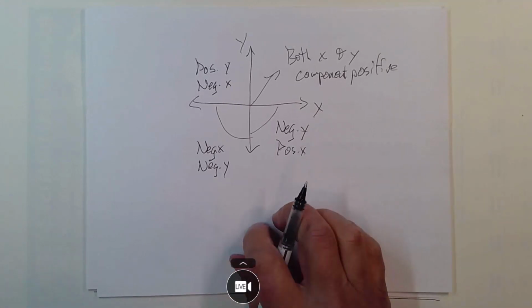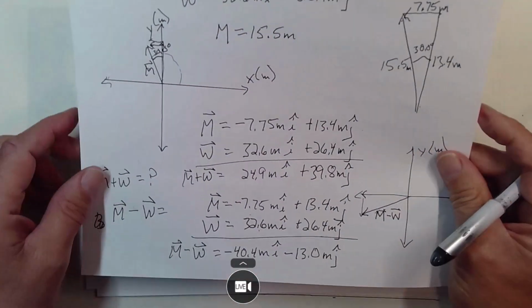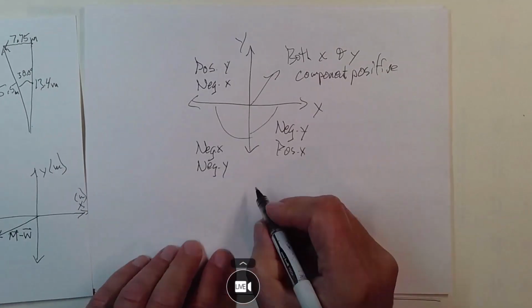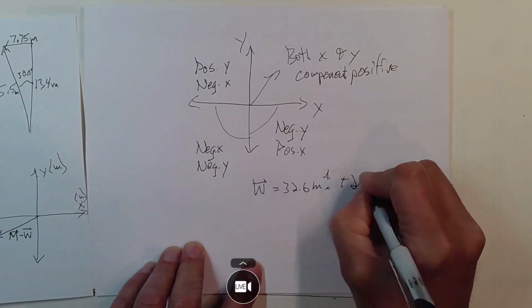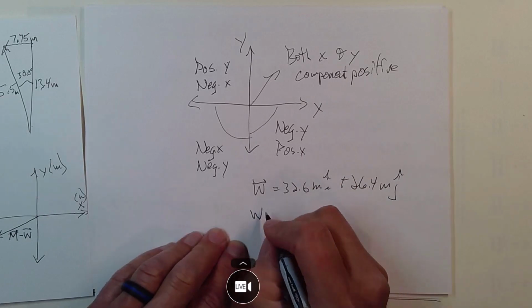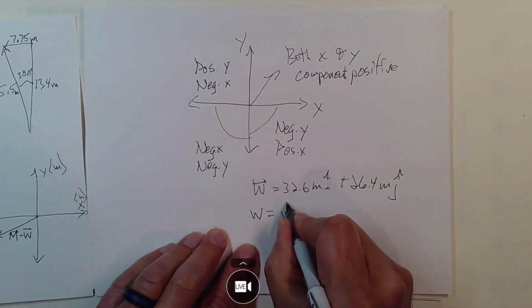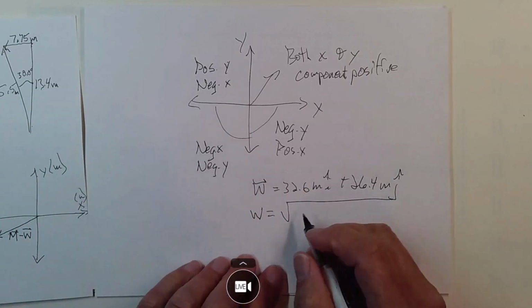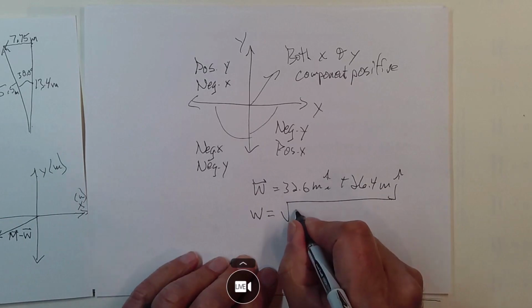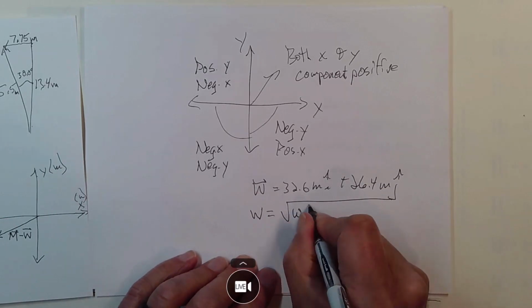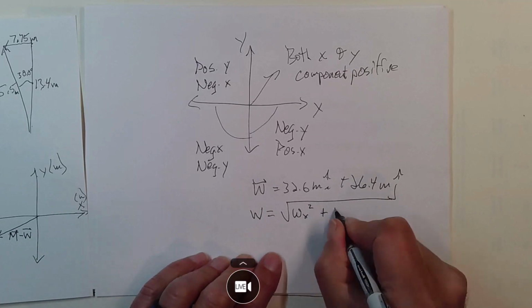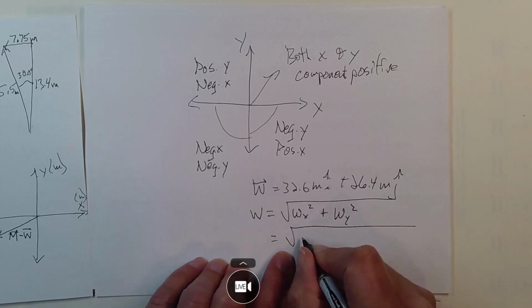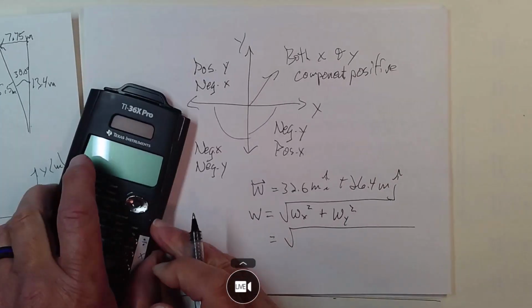Now, something I haven't done yet is to calculate magnitudes of any of these vectors. So let's do that. We had that the magnitude of W is just going to equal, these things are perpendicular to each other, they make nice little right triangles, so it'll just equal the square root of w sub x squared, its x component, plus w sub y squared.